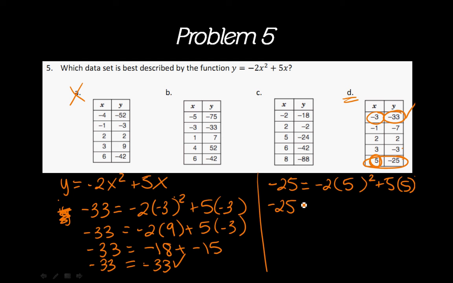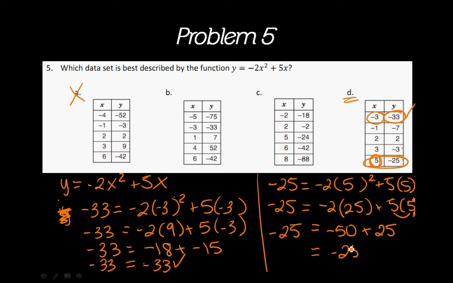So we have negative 25 equals negative 2. 5 times 5 is 25. And so we end up with here negative 50, plus this is 25. And so this comes out to negative 25 and negative 25, which of course is the same number.